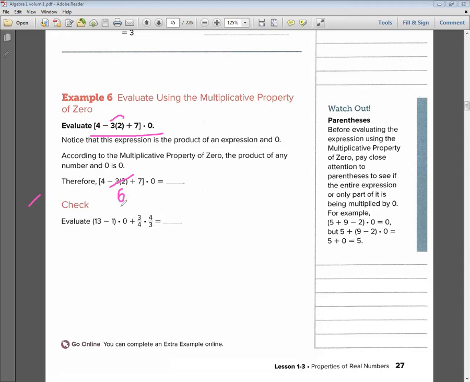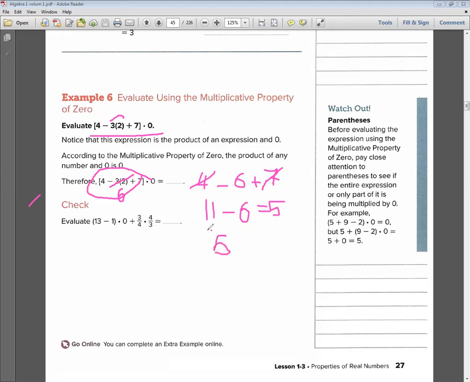In the big bracket, I have 4 minus 6 plus 7. It's just addition. 4 plus 7 is 11, and now 11 minus 6 is just 5. So the whole bracket now equals just 5.